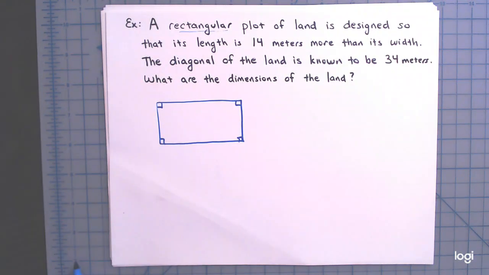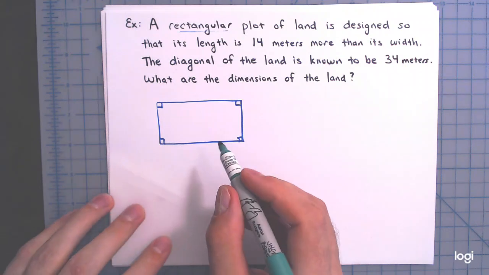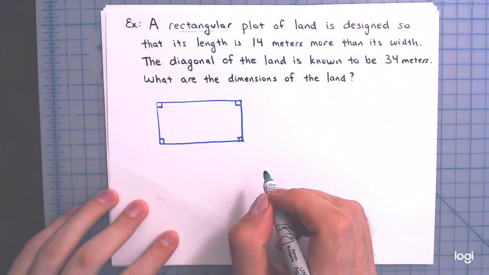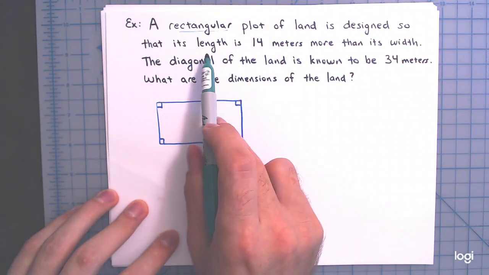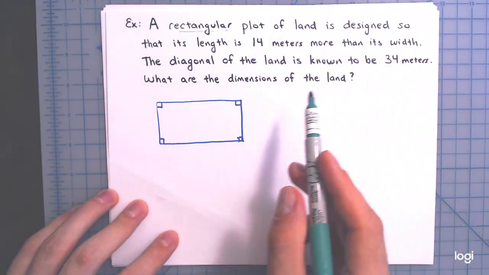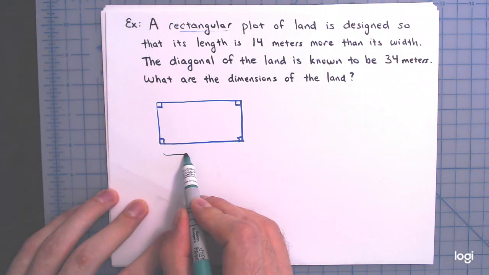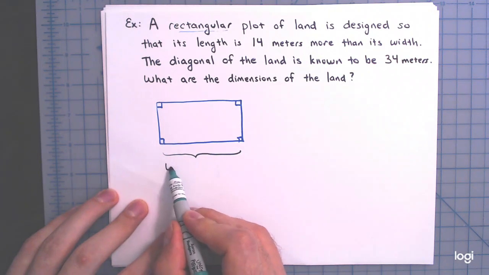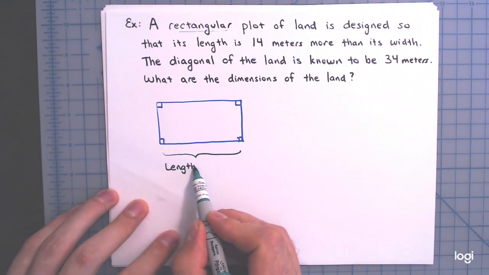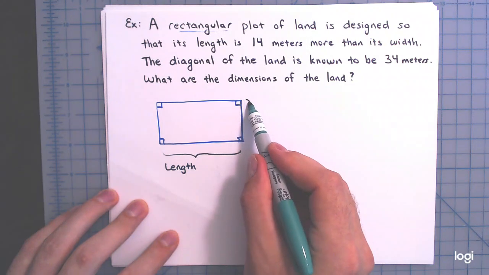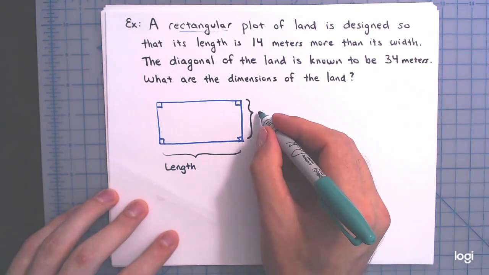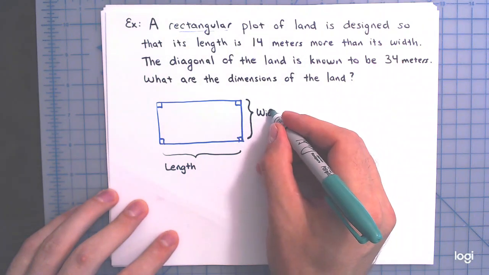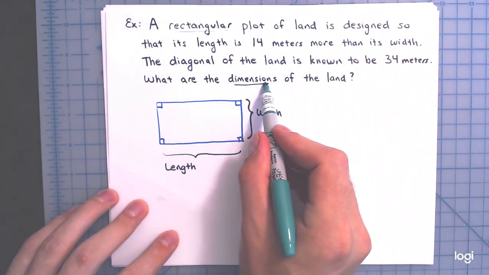And it's going to have a length and a width. Based on the first sentence, the length is more than the width. So I'm going to call this one that looks longer in my picture the length of the rectangle, and the shorter looking segment, call that the width of the rectangle. And these are the dimensions.